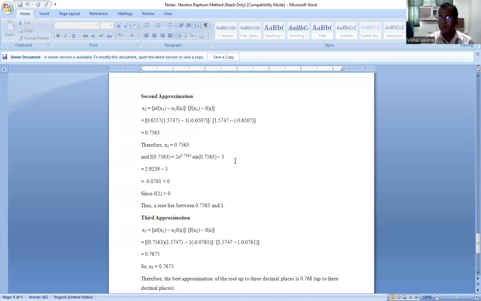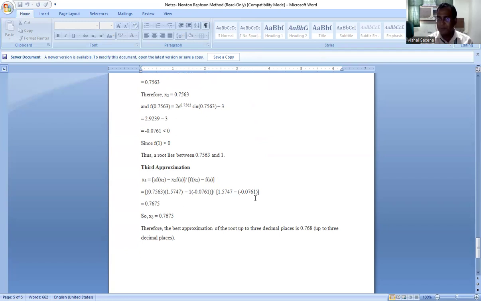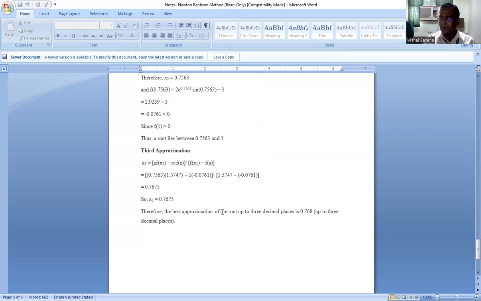Now for the third approximation, x3 will become 0.7675. We can observe that the last two approximations, the second and third, are giving root values just close to each other, but not very close.